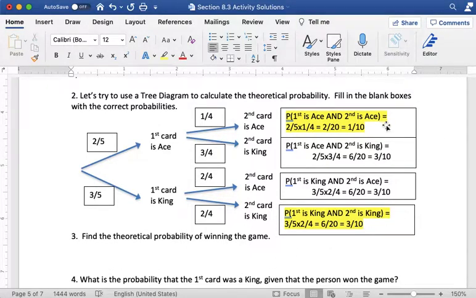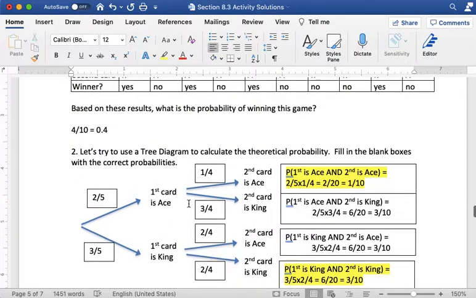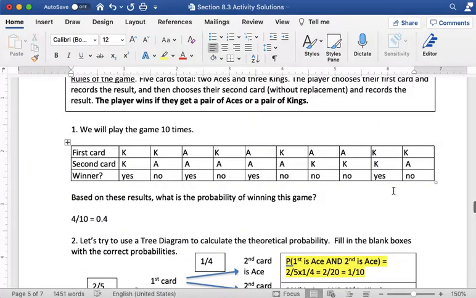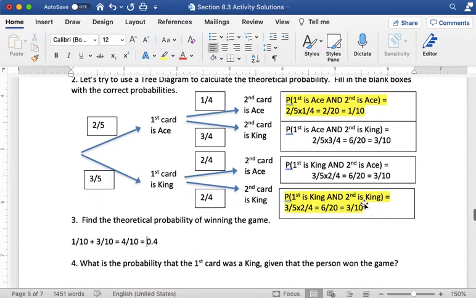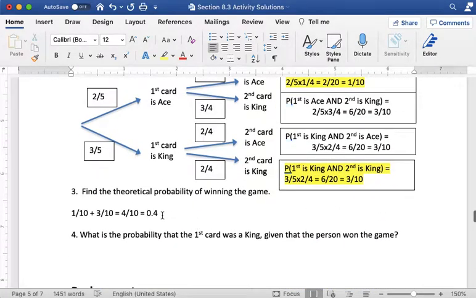So the probability of getting both aces is 1/10, and the probability of getting both kings is 3/10. So my total probability of winning is 4/10. And so actually I was pretty good with my empirical probability here. I got the same as the theoretical probability, and that just happened to work out. If you played it yourself, you might have got a slightly different value for your empirical probability, and that's totally fine too. So my theoretical probability of winning is 4/10.